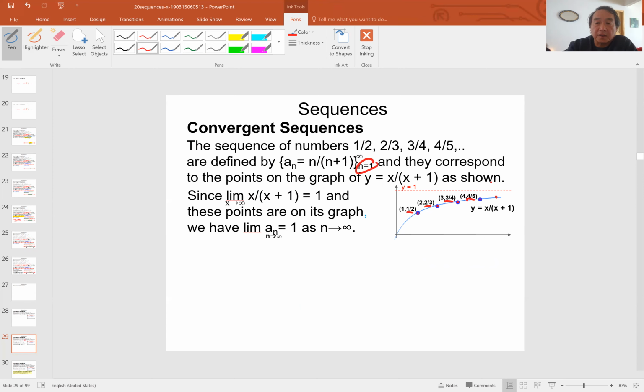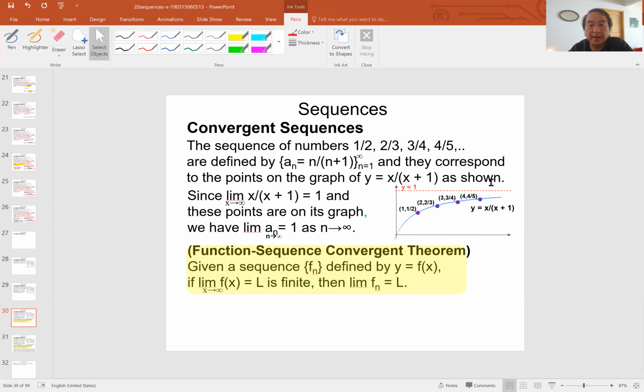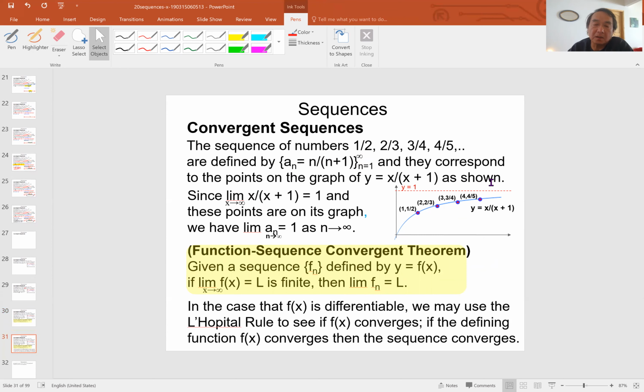Then obviously it has to converge to 1. The convergence of the function will imply the convergence of the sequence. So how do we check a function converges? One way to check sequence convergence is to check the function convergence.